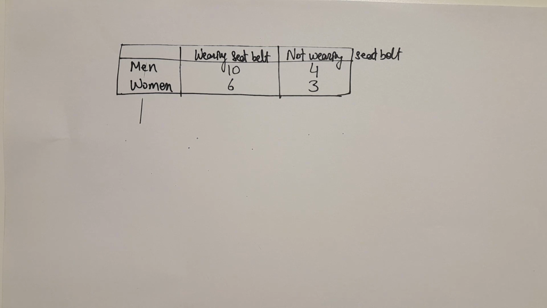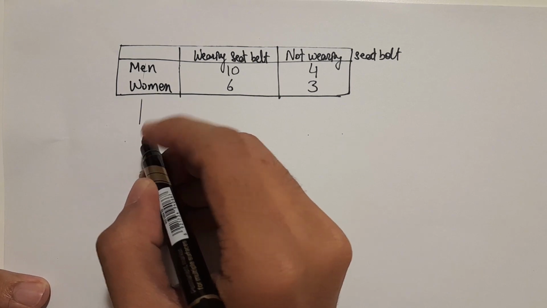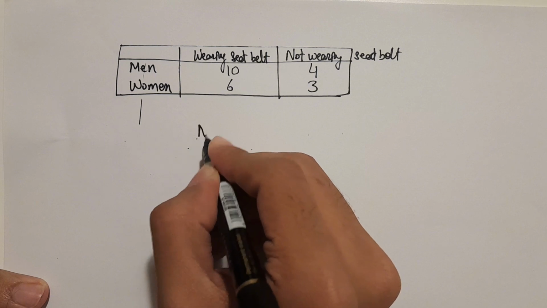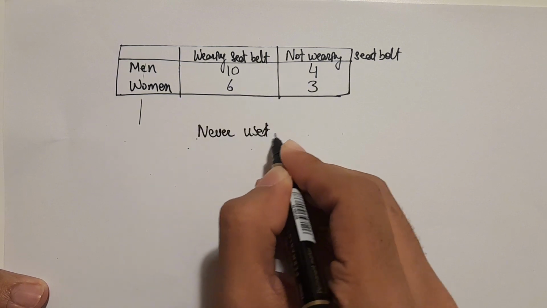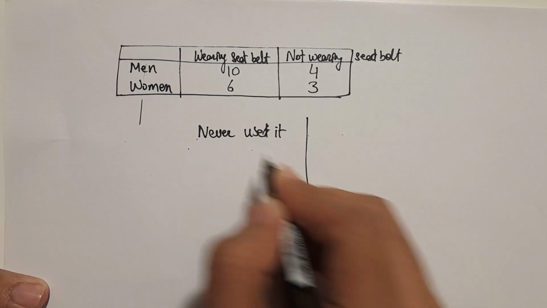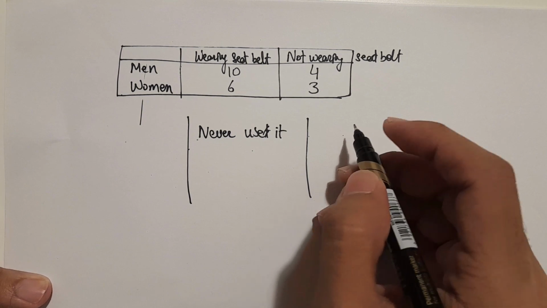So this is one of the examples, and the next example is male and female students using Facebook. So for using Facebook, we can show never use it over here. Then for the second type, we have use it sometimes.